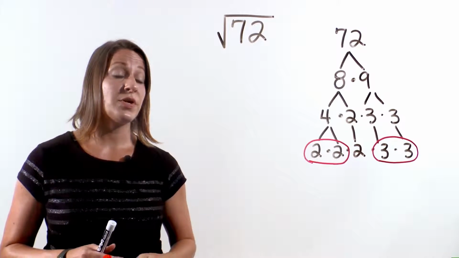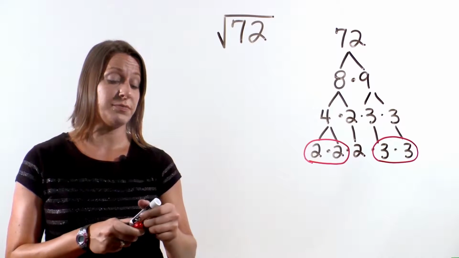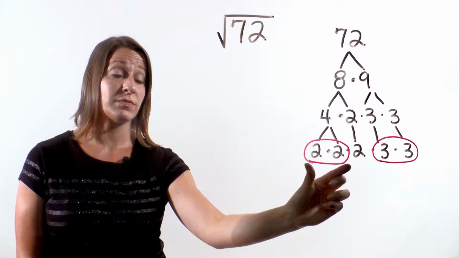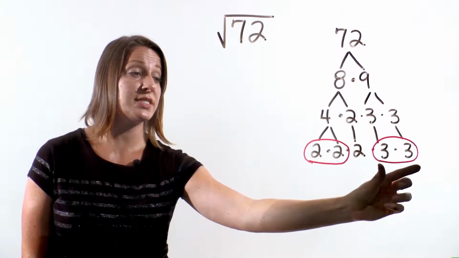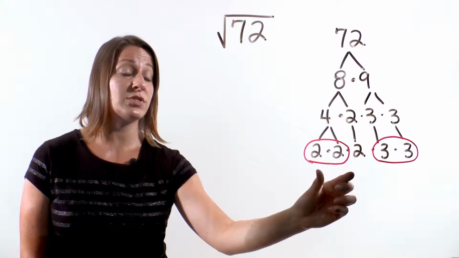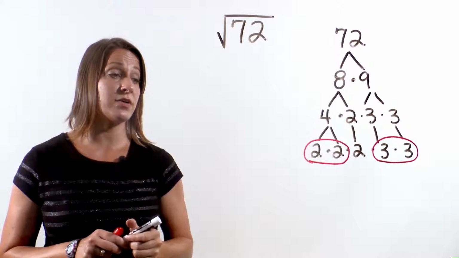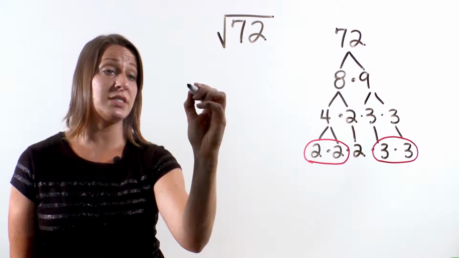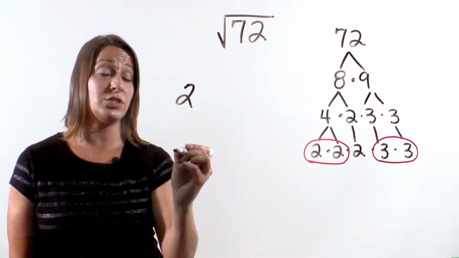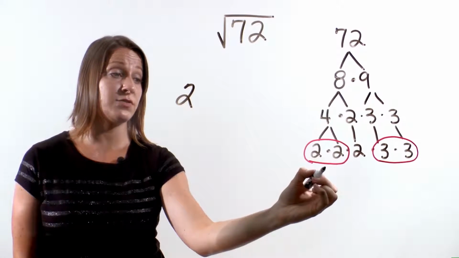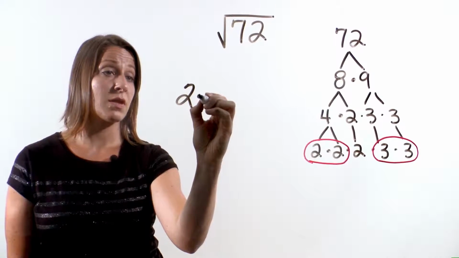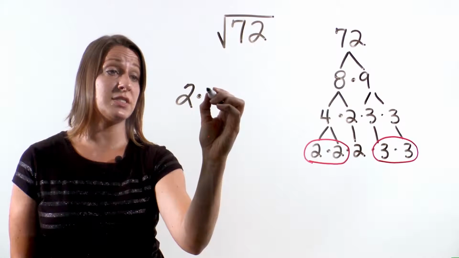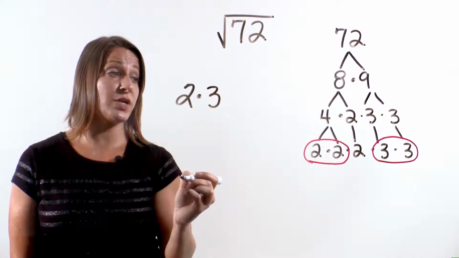Okay, so here's how we're going to write our answer. We're going to take our twin 2's and our twin 3's, and we're going to write those numbers on the outside of our radical sign. So because we have one set of twin 2's, we're going to put a 2 representing our set of twins times 3, which represents our set of twin 3's.